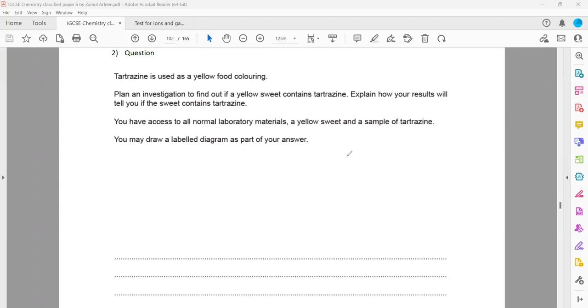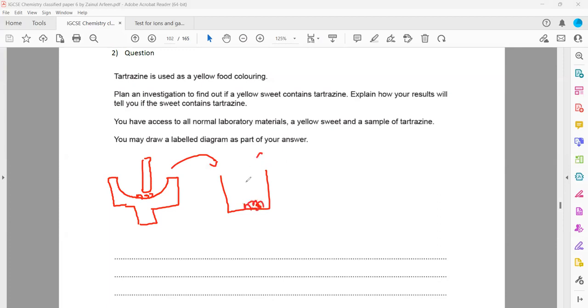Tartrazine. So what we will do, first we take a mortar and pestle and crush the sweet. After crushing it, we transfer the sweet into a container, and then we add a solvent to make a solution.